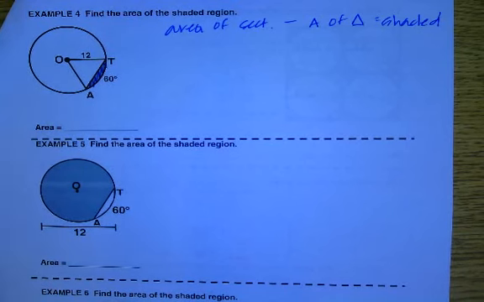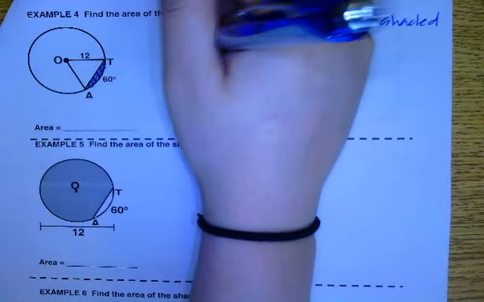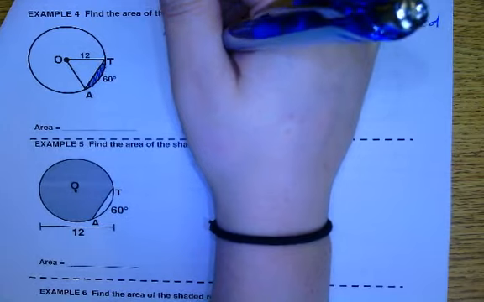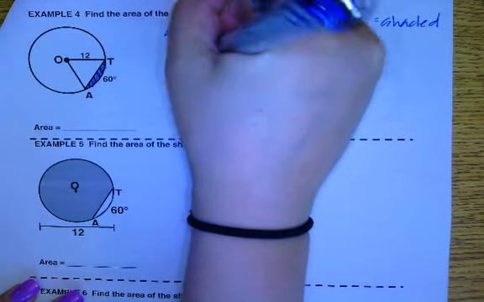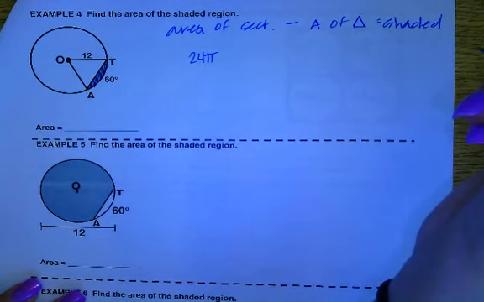Alright, what was the area of your sector? 24 pi, very good. Any questions on the sector part? If you caught on to that, great. If you didn't, continuing on.